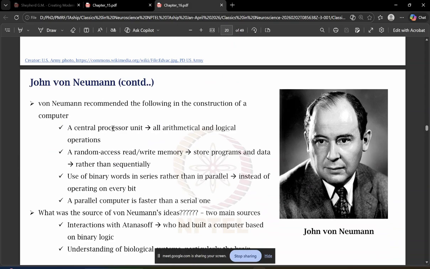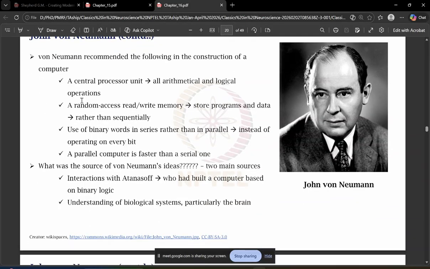He said that there should be a central processor unit which carried out all the arithmetic and logical operations. In addition, he said that there should be a unit that, in modern terms, we call a random access read write memory. This is not the exact term that he proposed, but this is basically what we call it now. So a random access read write memory for storing programs and data.